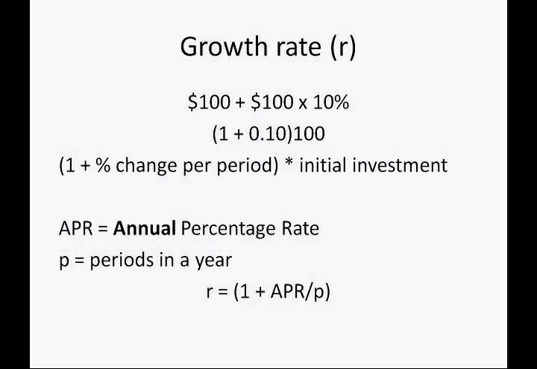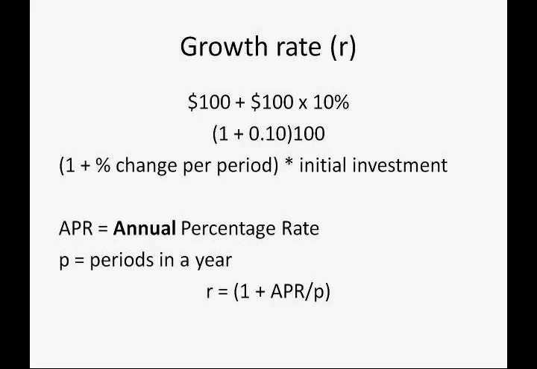But when you're talking about compound interest and APRs and things like that, this sort of explains why you always have 1 plus that decimal, which is really a percentage expressed as a decimal, right? So 1 plus the percent change per period times our initial investment. So that we went over, and I think pretty much everybody is pretty strong on that one, so this should make sense to pretty much everybody.